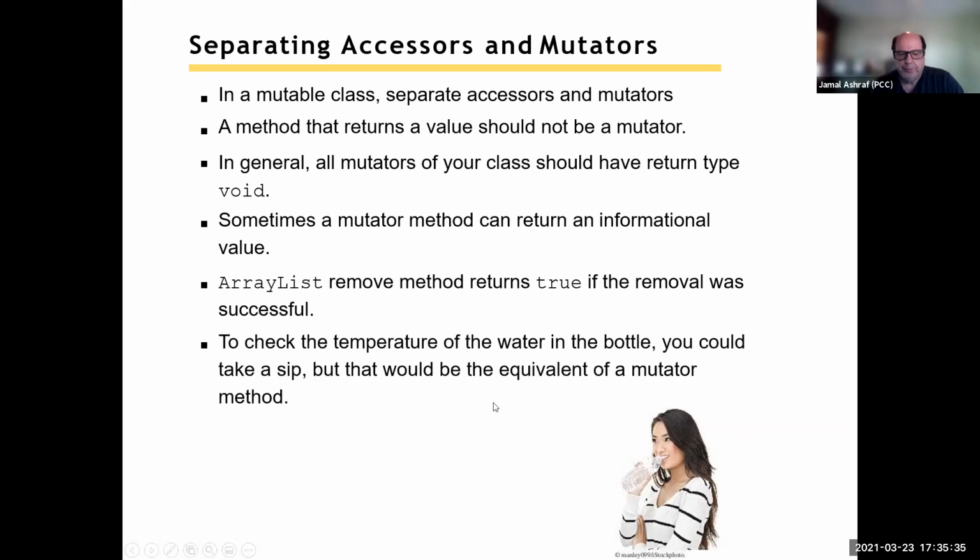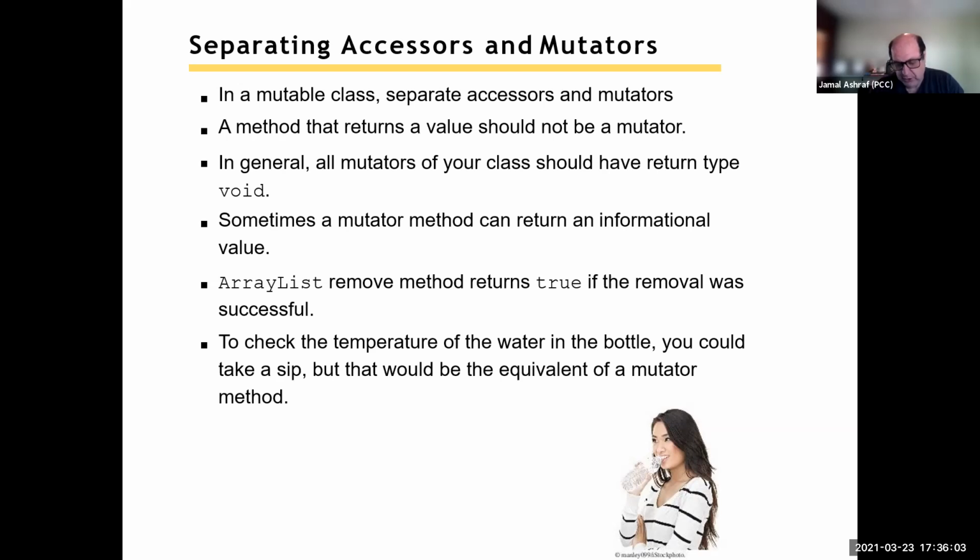This is an example for that: if I drink a little bit of the water, I am changing the content of the bottle, the water inside the bottle, and I'm checking for the temperature. So I am modifying it and I am checking the temperature. So these are some exceptional ways of doing it.